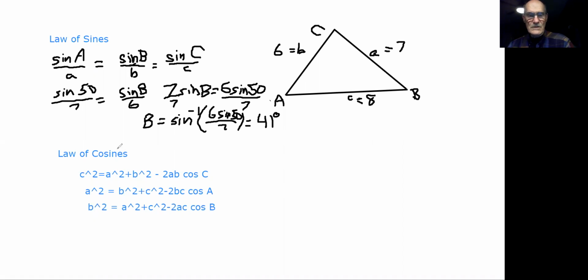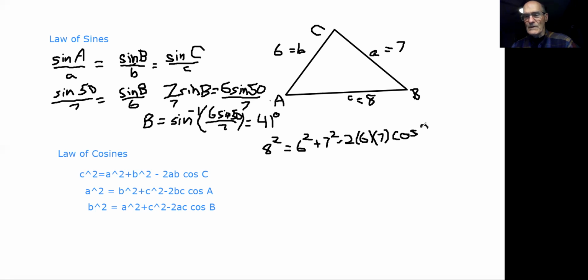So I go back to this first formula here. I have 8 squared equals 6 squared plus 7 squared minus 2 times 6 times 7 times the cosine of angle C. Now notice I don't know angle C, so I've got to work my way backwards.